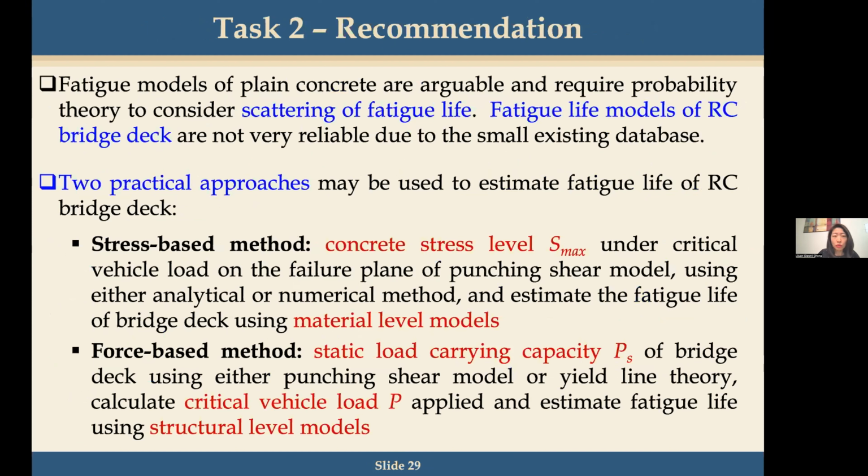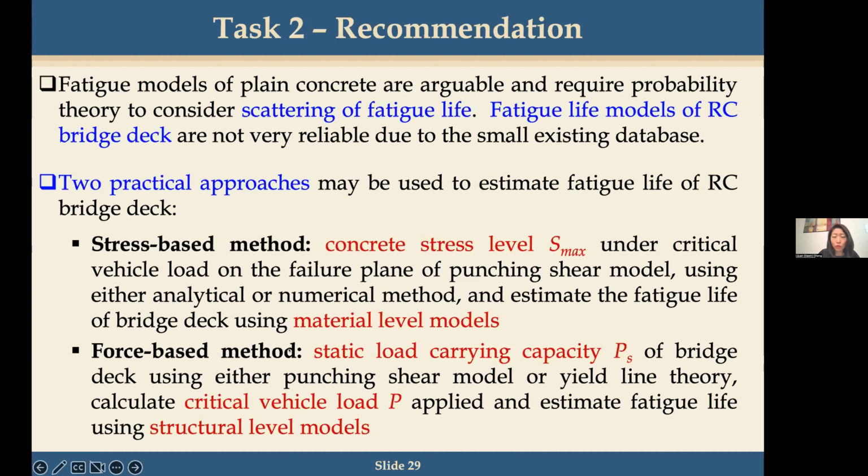So in conclusion of this task, we recommended two practical approaches using the existing data to estimate the fatigue life of a bridge deck. One of them is a stress-based method that looks at the concrete stress level at the material level and at the failure plane of the punching shear model. You can combine it with an analytical or numerical method to estimate the fatigue life of a bridge deck with the material level models.